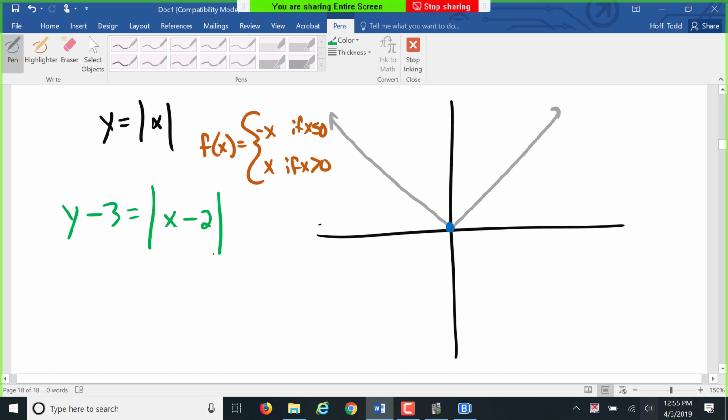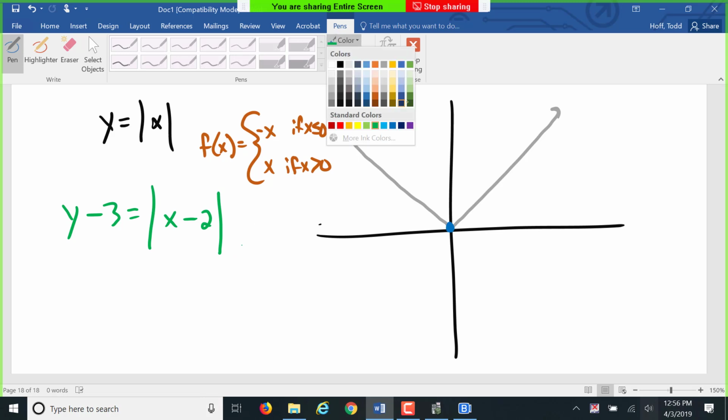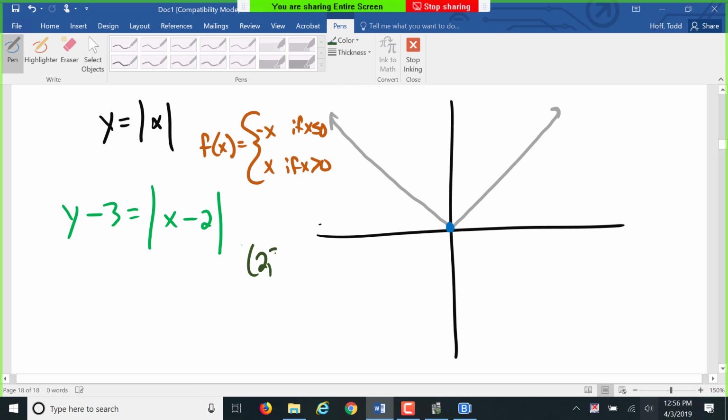So for this, y minus 3 equals the absolute value of x minus 2, where would I expect the vertex of that V, of that graph, to be? At (2, 3). Very good. So we go over 2, up 3. There's the vertex of that graph.